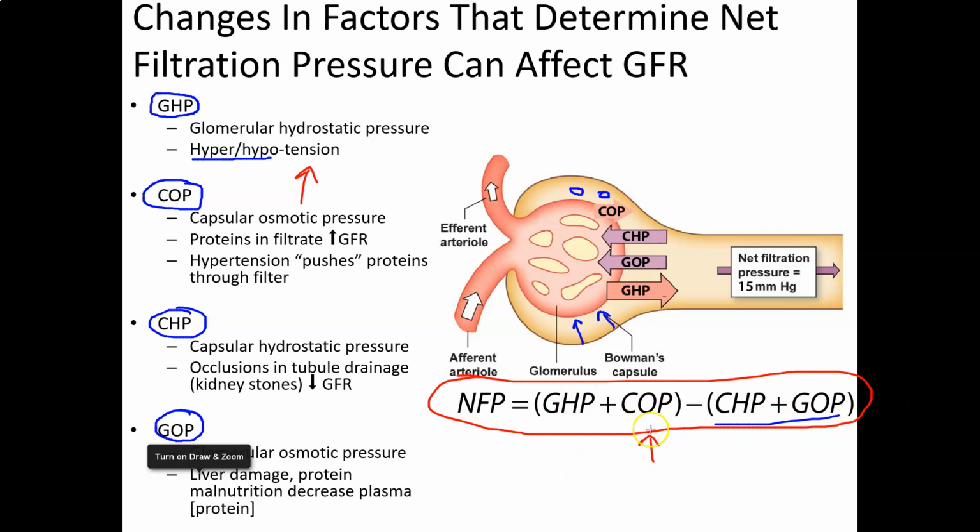Since COP goes up, that means the forces out on this side are bigger than the forces in. And since the COP is going to get bigger, that's going to make the difference bigger, NFP will increase.